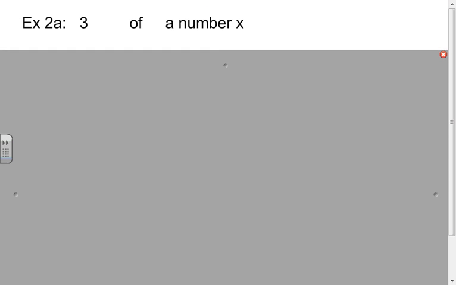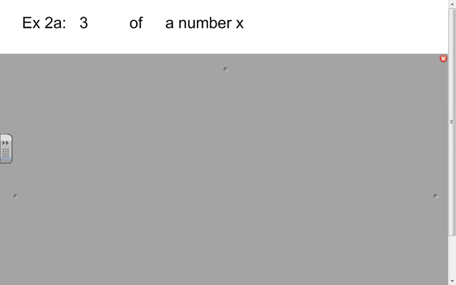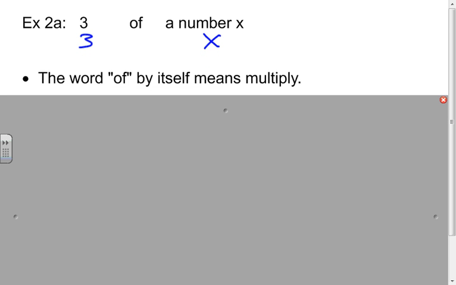Another example, example 2a, 3 of a number x. As an expression, I've got 3, a number x is my variable, and the word of, if it's by itself, means multiply. So of, I'm going to put a dot here to mean multiplication.